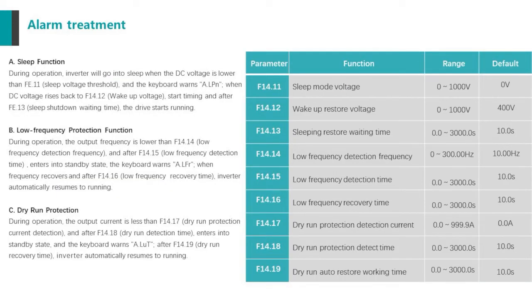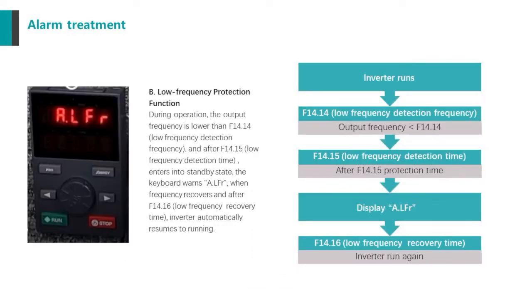Their working principles are similar to each other. Each alarm has three parameters: protection value, protection time, and recovery time. Here I will take the low frequency alarm as an example. When the input power is not enough during operation, the output frequency will decrease.